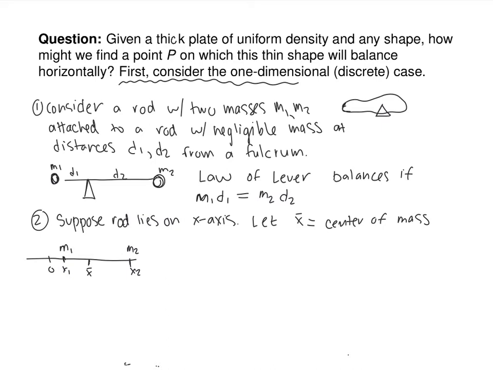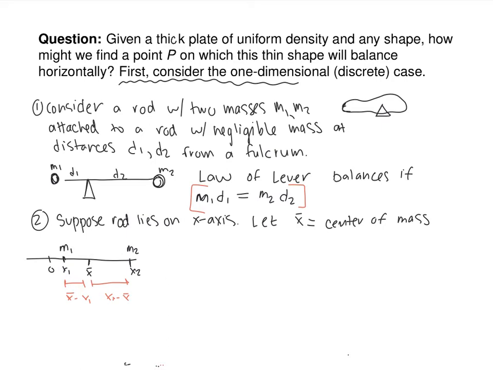Now what we need are expressions for this distance and this distance. Once we have them, we can use the law of the lever to solve for x bar. The first distance will be x bar minus x1, because x bar is greater than x1. The second one will be x2 minus x bar.